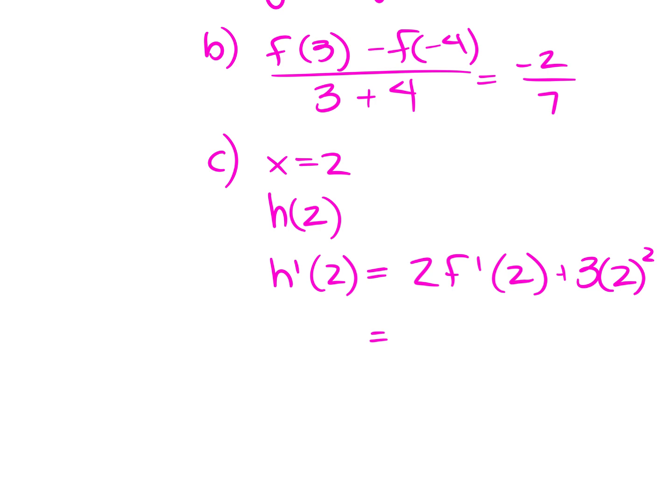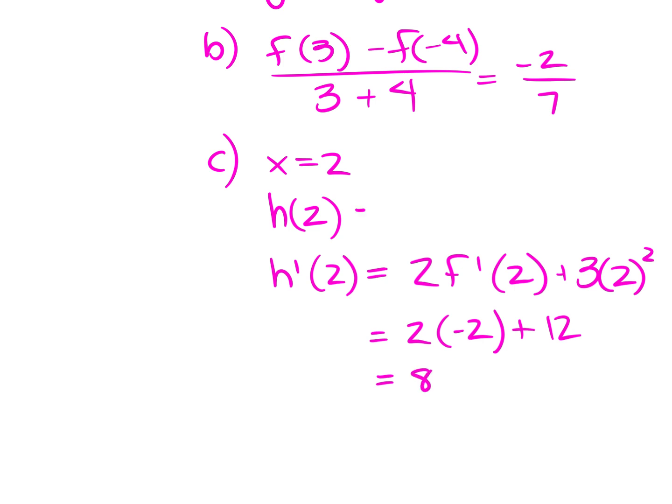How do you find f prime of 2? You just find the slope of that line segment. That line segment had a slope of negative 2. And when we plug that in, we get back out 8 for our slope.